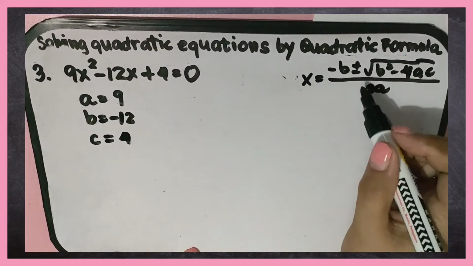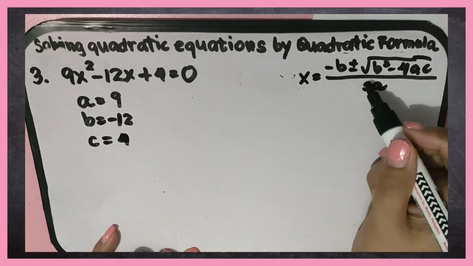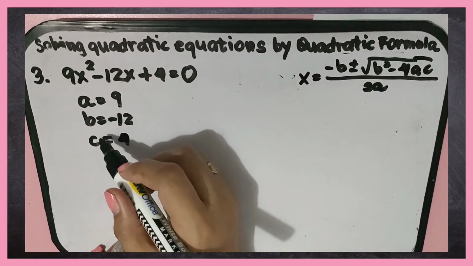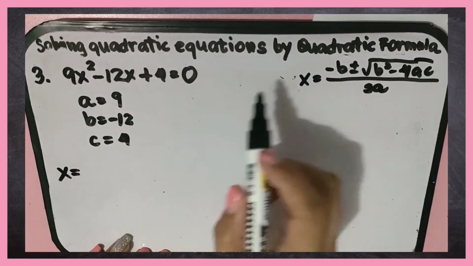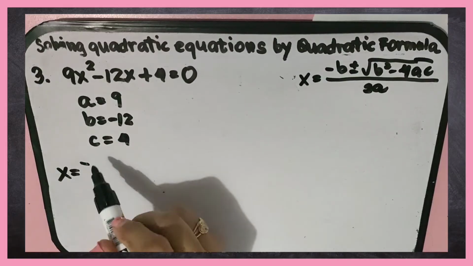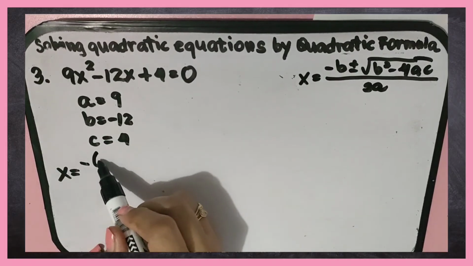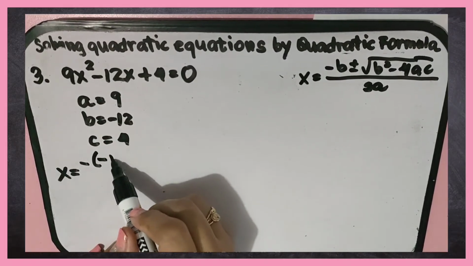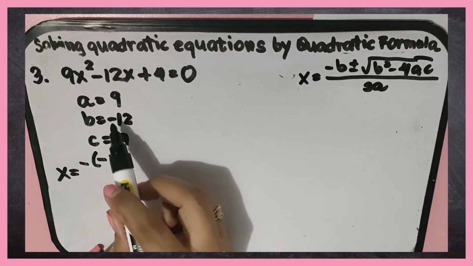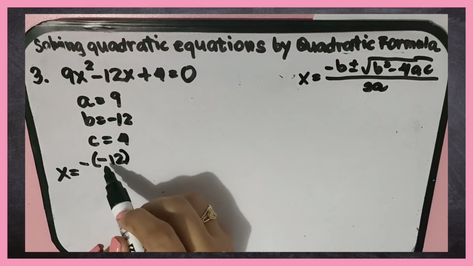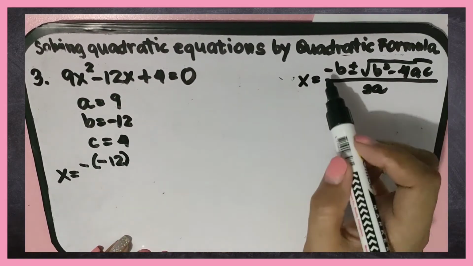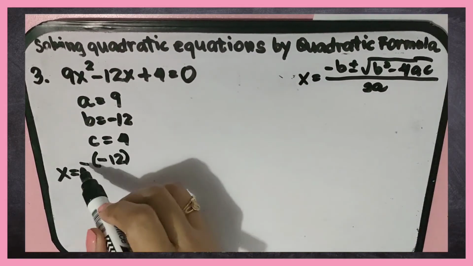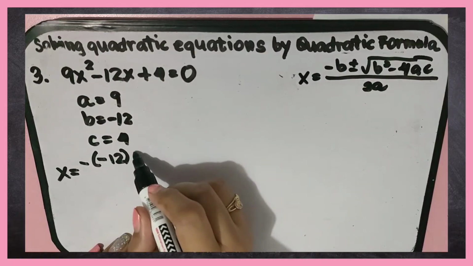Then, using the quadratic formula, substitute the values of A, B, and C. So, we have x equals negative, then negative din yung B natin, huwag kakalimutan. Kailangan pag negative yung ating B, may parenthesis, then negative 12. Siyempre, kokopyahin mo rin yung negative ng formula.